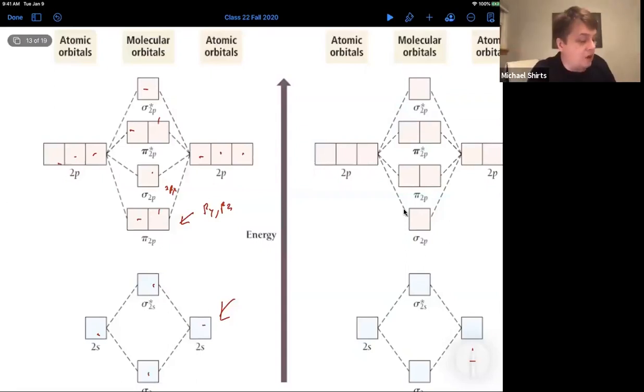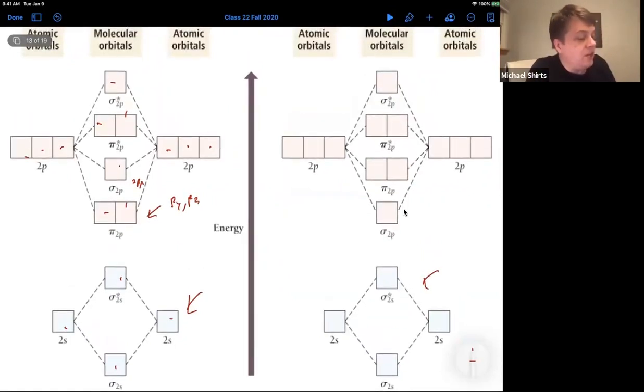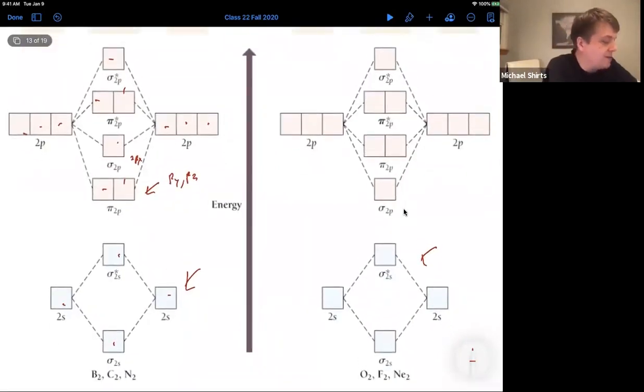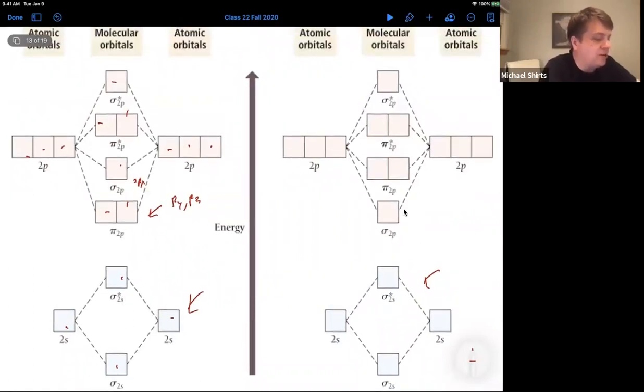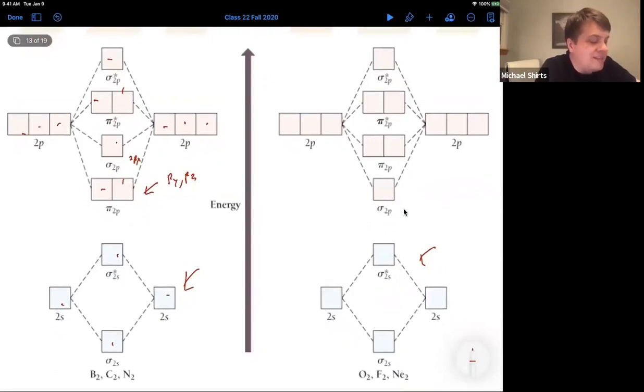So with O2, F2, and Ne2, those are about the same. The 2s orbitals are the same, but we notice that the 2p ones look a little different. In the case of the smaller atomic number atoms, the pi orbitals are lower in energy, but in O2, F2, and Ne2, the sigma orbitals are lower in energy.